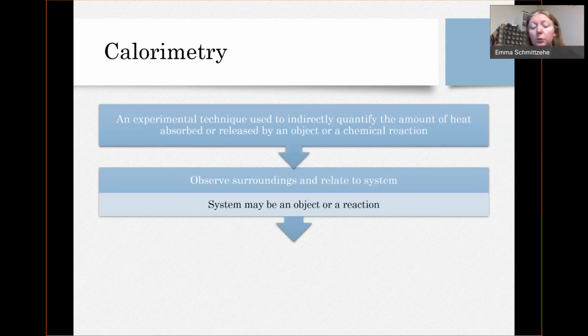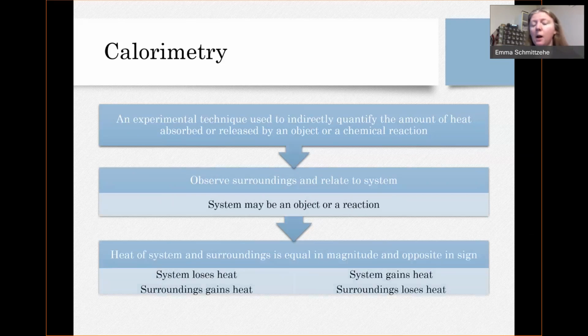And so what you need to realize is those have to be directly related. The energies of them have to be related. The heat of the system and surroundings have to be equal in magnitude but have an opposite sign. Meaning if the system is losing heat, meaning it's releasing heat, where that is going is to the surroundings. So the surroundings are absorbing that heat, okay?